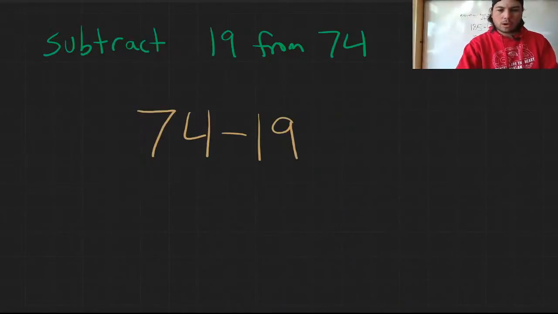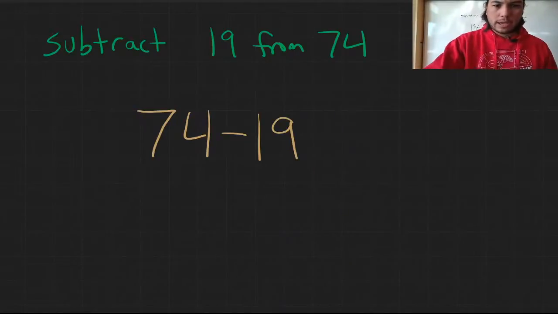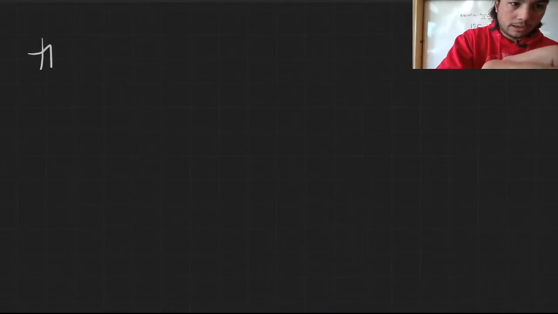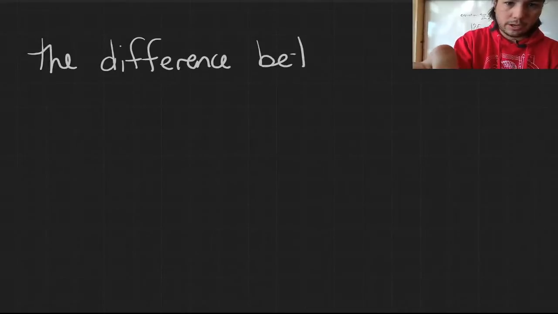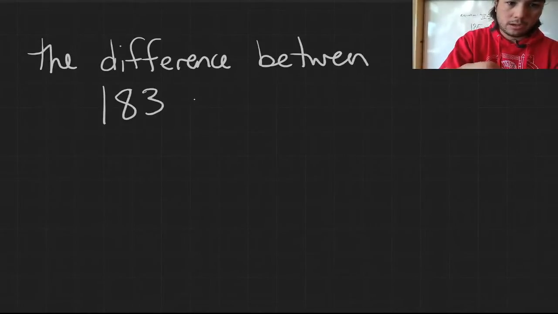I do want to try one more because it can be tricky, particularly with subtraction, when we get into something that looks like this. The difference between 183 and 262.